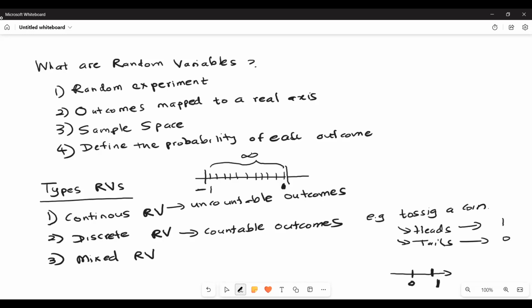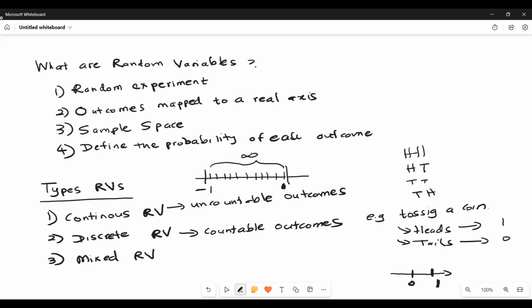You can have different combinations of outcomes: 2 heads, 1 head and 1 tail, 2 tails, likewise tail and head. You can get different outcomes depending on the experiment you define. Therefore you need to consider the experiment, and based on that experiment, the outcomes and the number of outcomes will be defined.